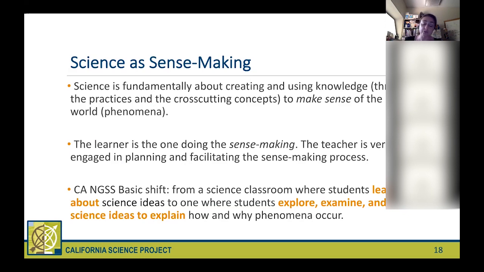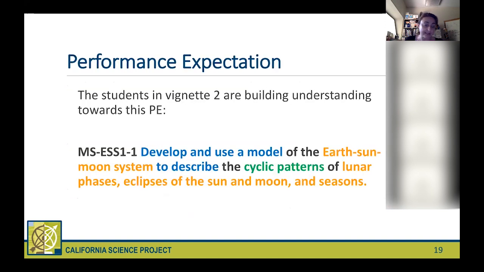So in the second vignette, I'm going now to focus more on the students. These students were engaged in this performance expectation. This is a middle school performance expectation from the NGSS. And depending on which middle school model you are using, it could be either in 6th grade or in 8th grade. The students that we have worked with were 8th grade students.